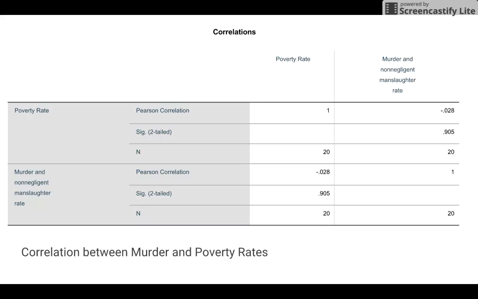If the p-value is greater than 0.05, then we would accept the null hypothesis, which means there's no correlation between the poverty rate and the murder rate. As you can see here, the p-value is 0.905, which is almost no correlation because it is so much greater than 0.05 as the base value.